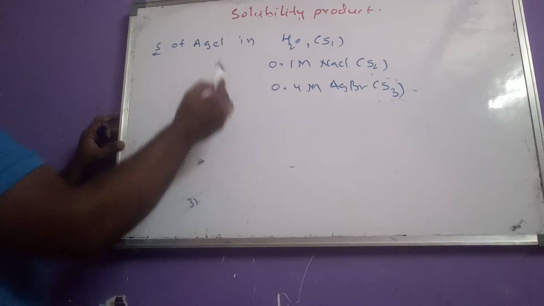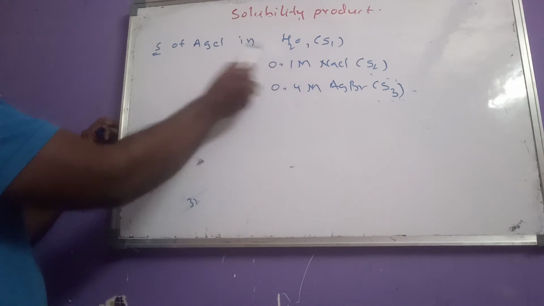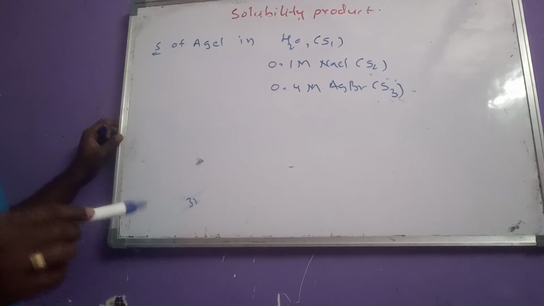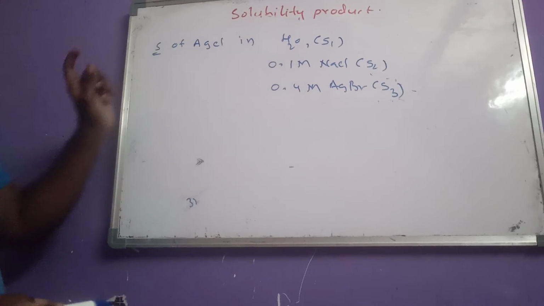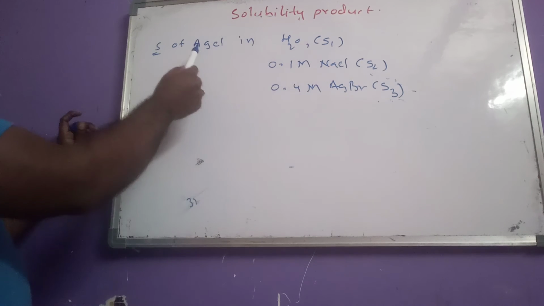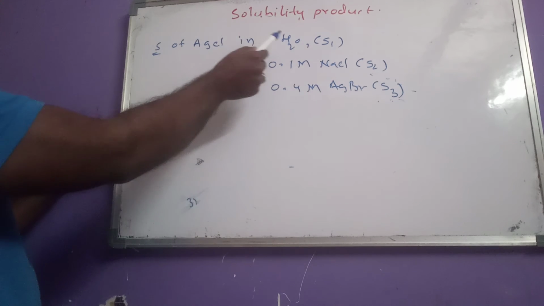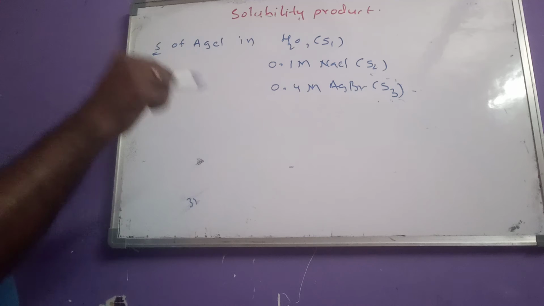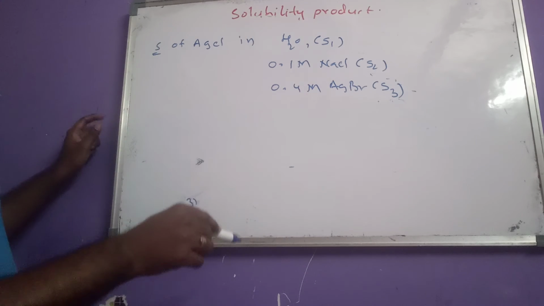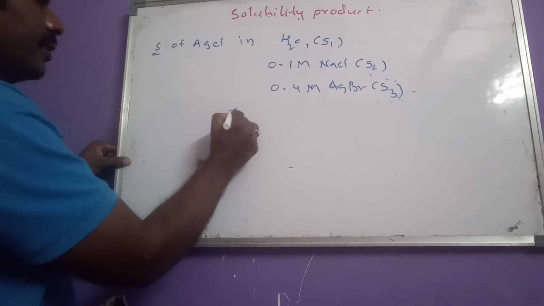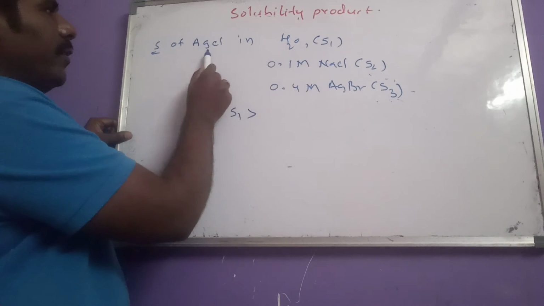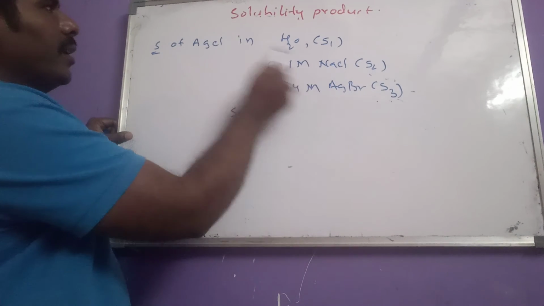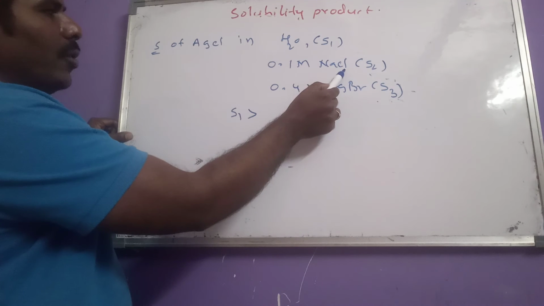So see here, in case of water, AgCl freely dissolves because no common ions are present. So among these three, solubility of AgCl in water is more compared to the remaining two. So S1 greater than... Now see here, between AgCl and NaCl, the common ion is chloride.